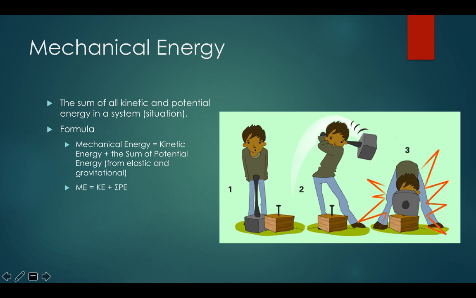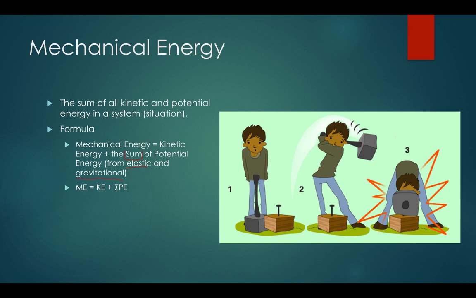But here it says the sum of potential energy. When it says the sum, what it's referring to is you have to add together your elastic and your gravitational, because these are both types of potential energy. So when you see this fancy thing here, which says the sum of potential energy, all it's really saying is that you have to add together elastic and gravitational.